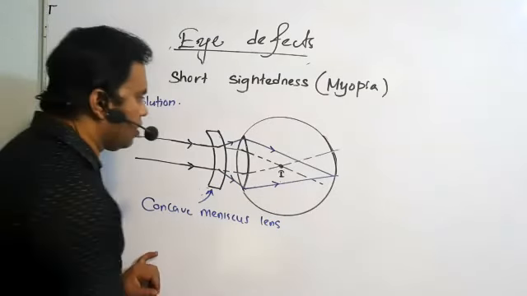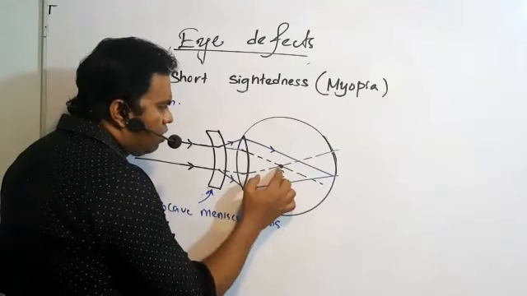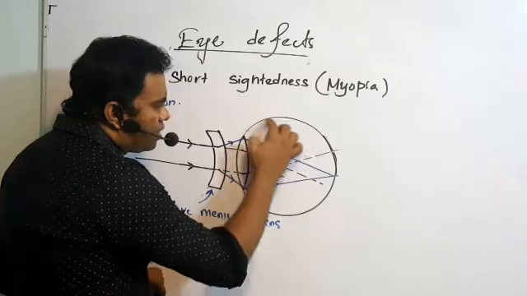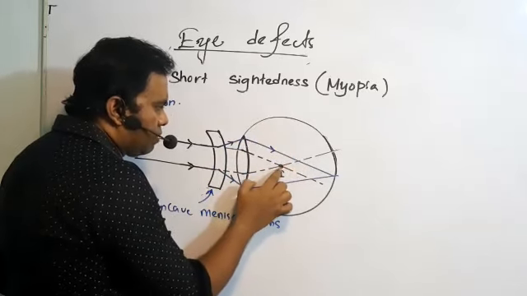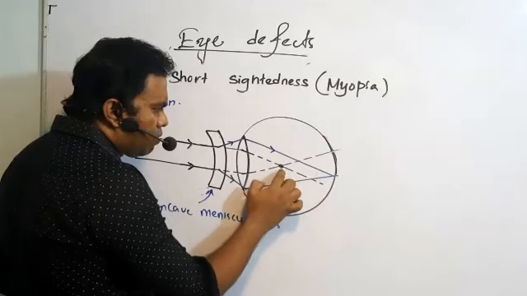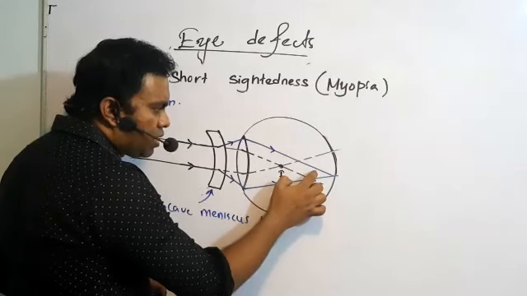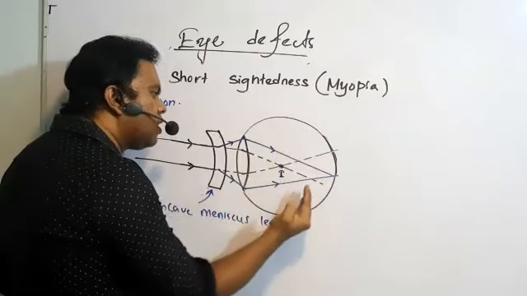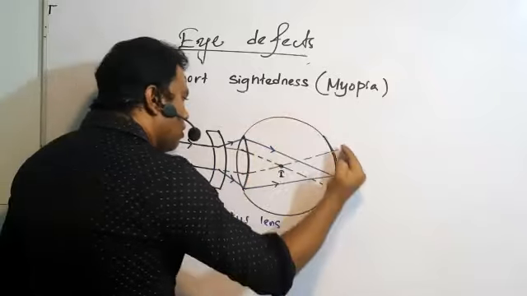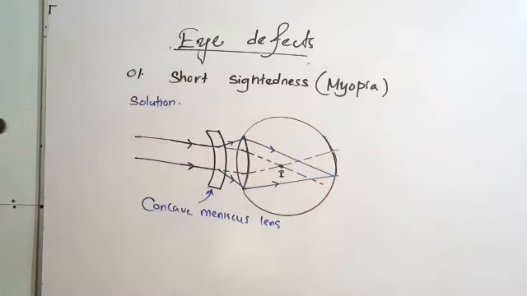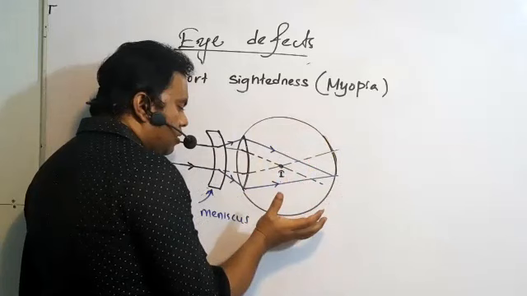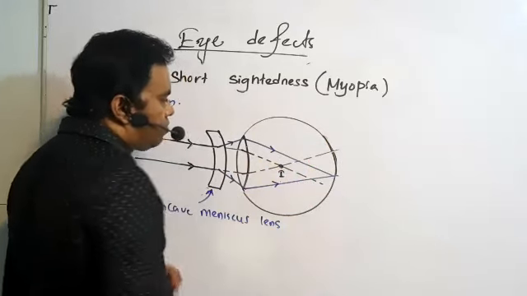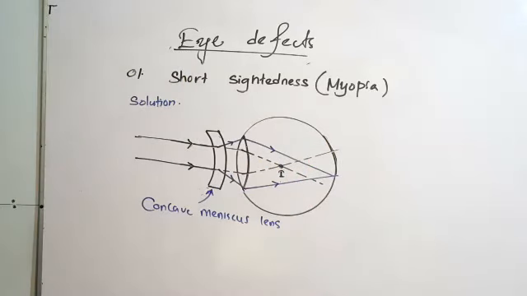Okay, next one. Look at this. If the eyeball is somewhat elongated like this, the image forms short of the retina. So the reason behind that is elongated eyeballs. So large eyeballs. Okay. So take down another reason.